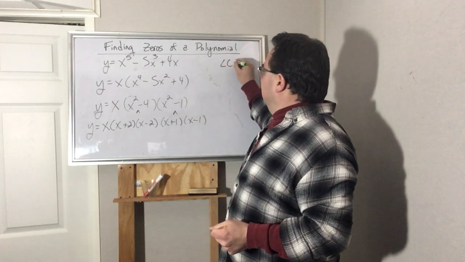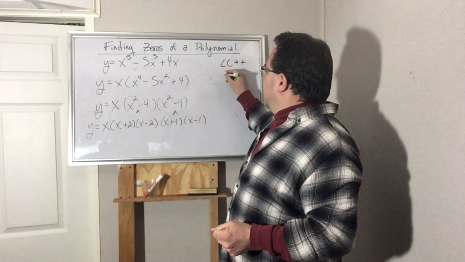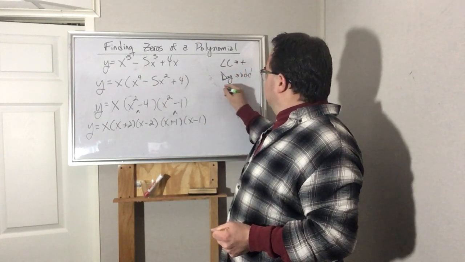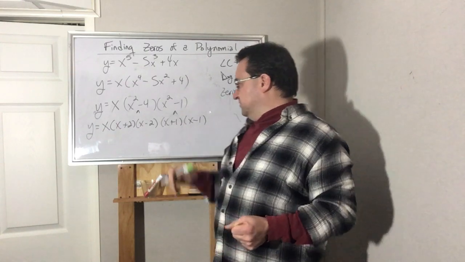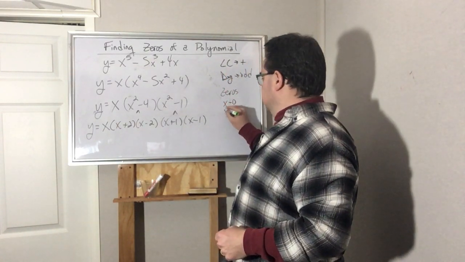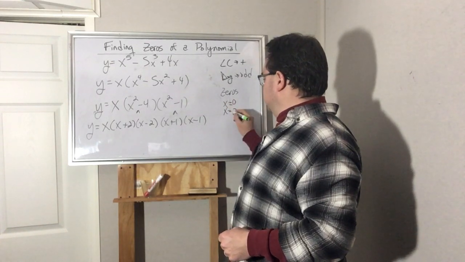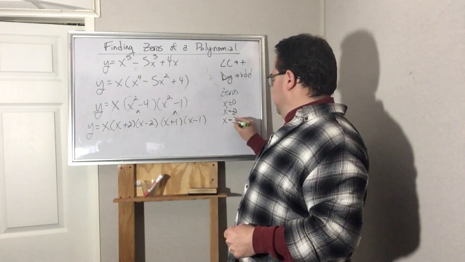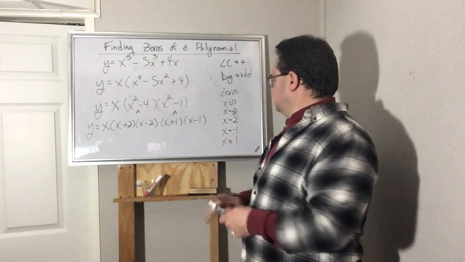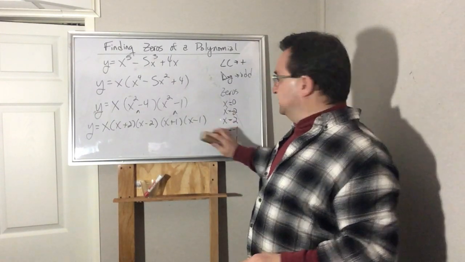We have a leading coefficient that's positive. We have a degree that is odd. We have zeros, all with a multiplicity of 1, so it's going to go through all of those. x equals 0, minus 2, plus 2, minus 1, and plus 1. So that's all my information there.